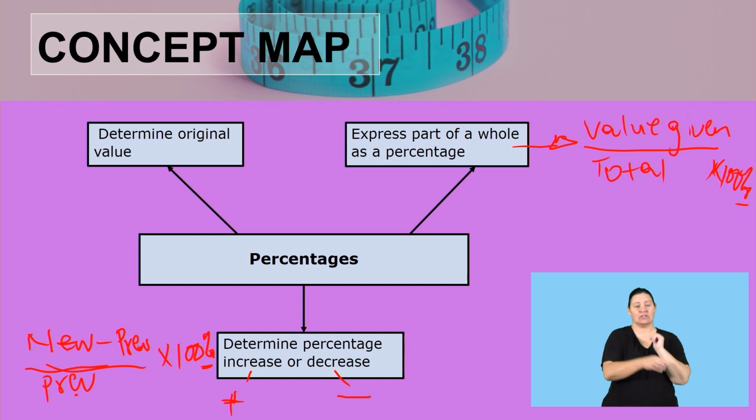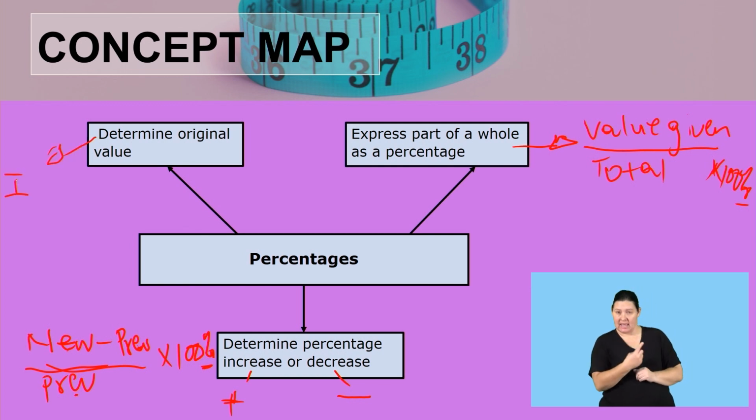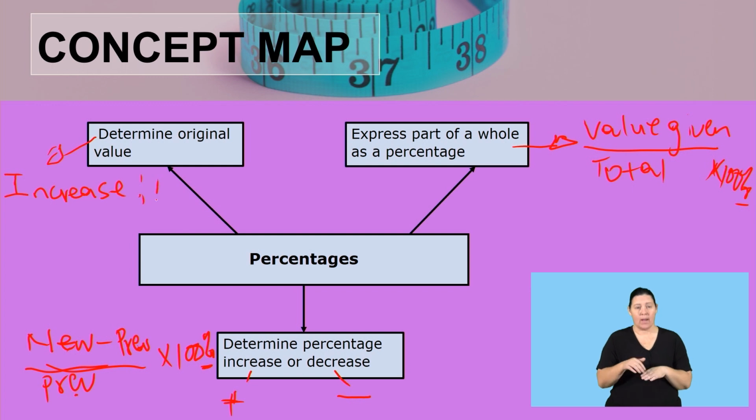And the last concept that we did was to determine the original value. When the question shows that there was an increase, remember, the basic principle is to say 100 plus the percentage which is given.